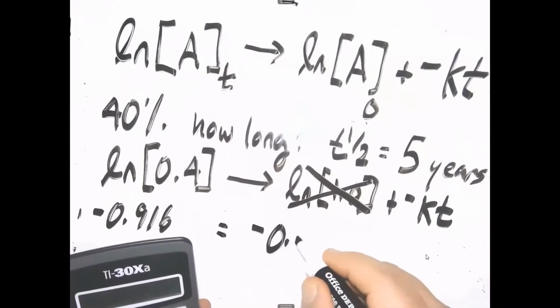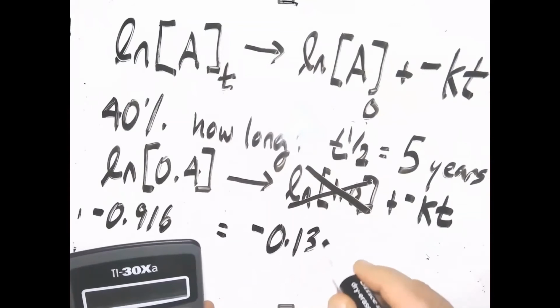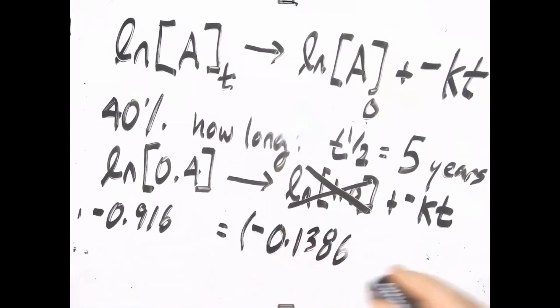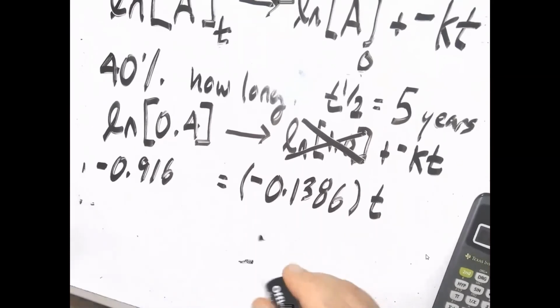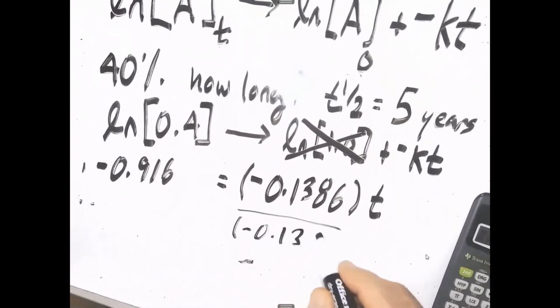Now, a big trick here is you got to remember that the k, you have to slap a negative sign on it. And that's going to be that number times t, right? This is negative k, this is t, and the whole thing's got to equal negative 0.916. Well, what I want to do is solve for t. So, of course, the way to do that is to divide both sides by negative 0.1386.